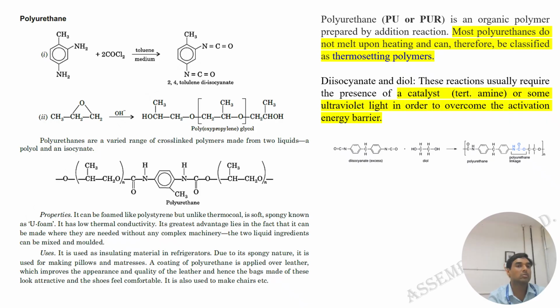And finally, on loss of water, you can get the isocyanate. Polyurethane is not remade upon heating and can be useful as a thermosetting polymer. You can have this isocyanate and then treat it with a hydroxyl group.